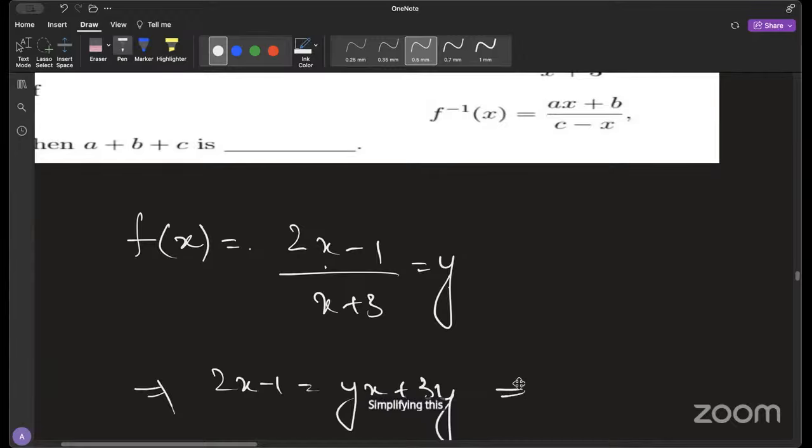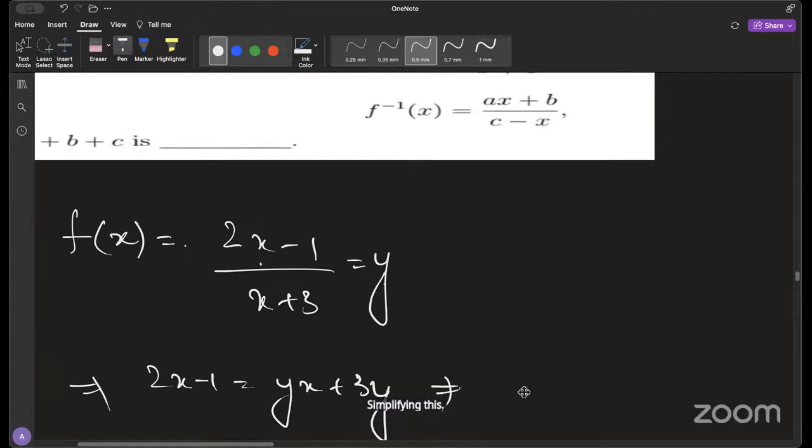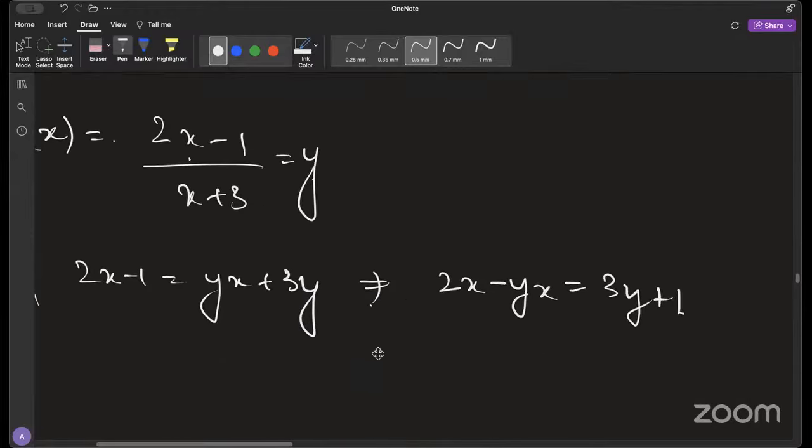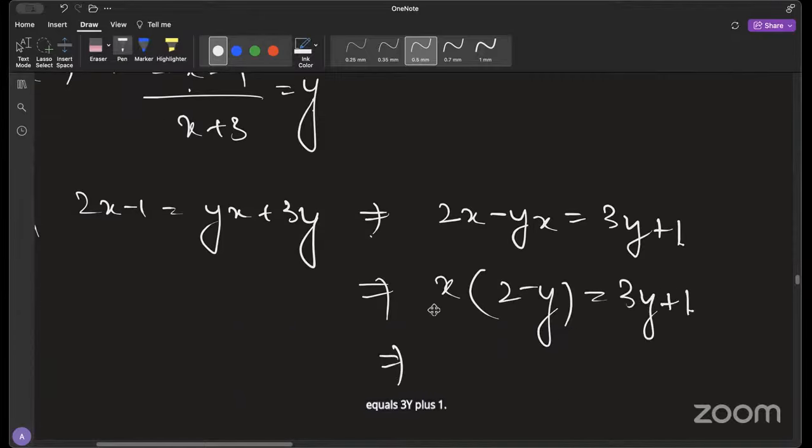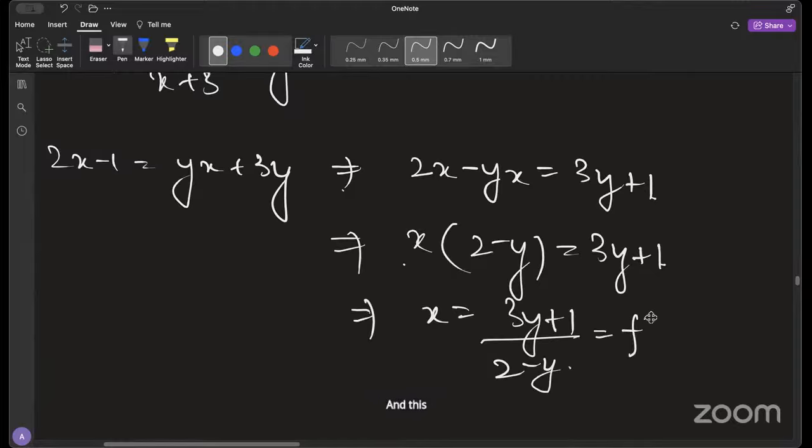Simplifying this, it is the same as 2x minus yx equals 3y plus 1. This means you can take x common from here, and x times (2 minus y) equals 3y plus 1. So you have to write x in terms of y. x is (3y plus 1) by (2 minus y). And this is the same as f inverse of y.